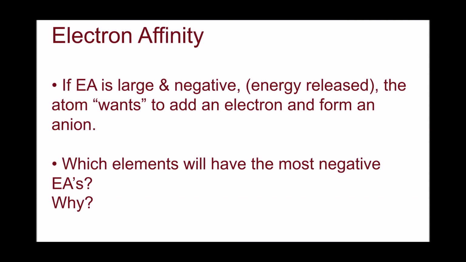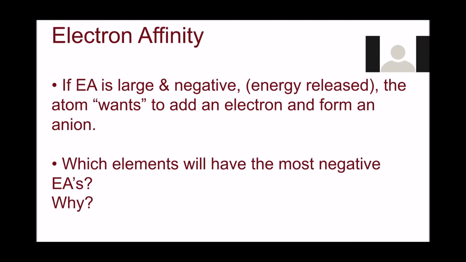So which group of elements will have the most negative electron affinities and why? Which one do you expect will have more favorability to add an extra electron? Is it going to be the right-hand side of the periodic table or the left-hand side? The larger atoms or the smaller atoms?